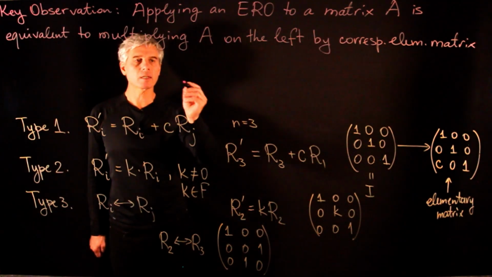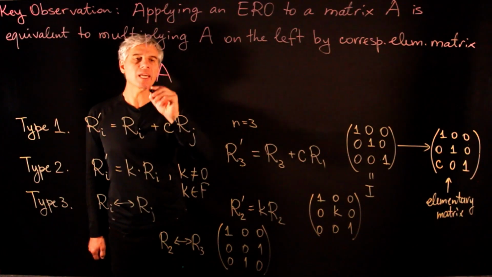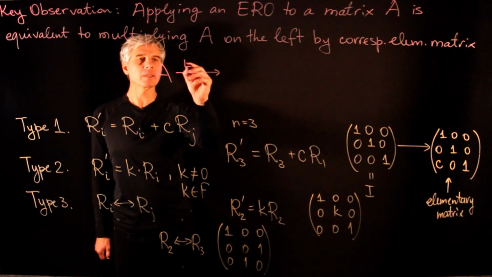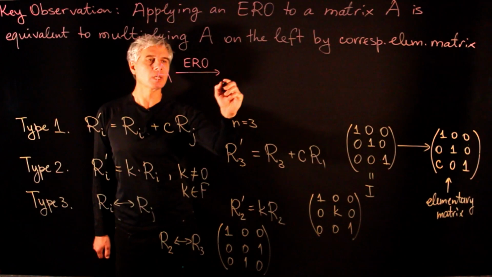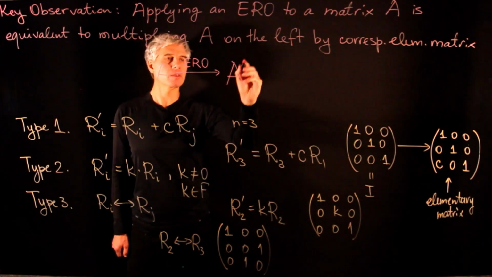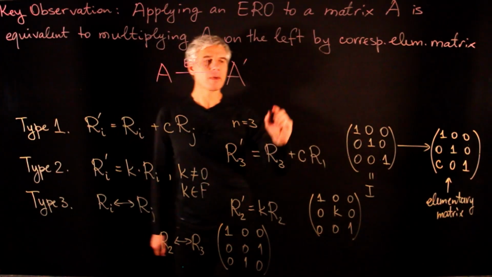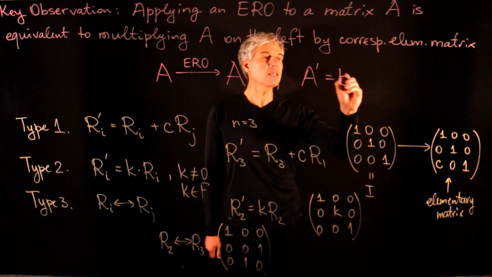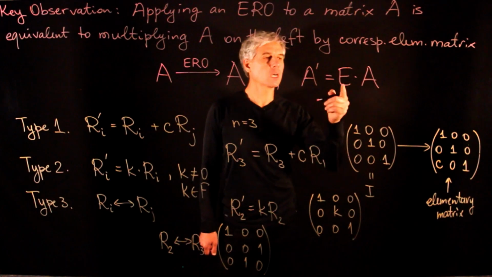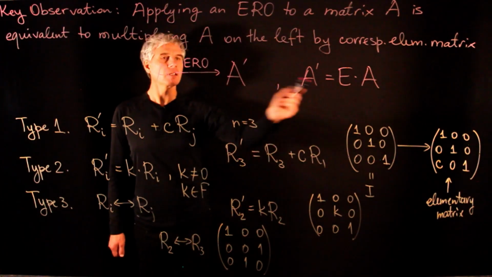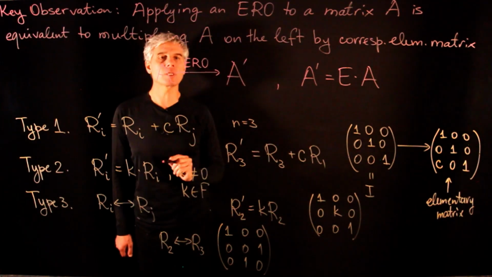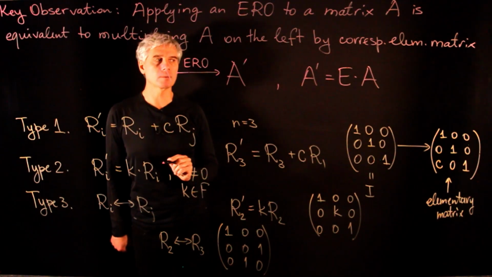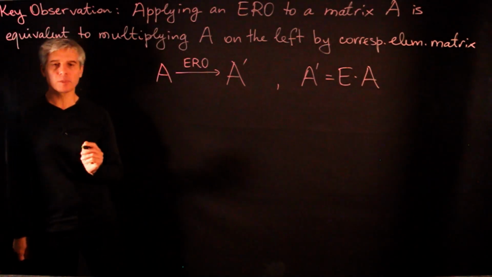So what we say here is the following. If we take a matrix A and apply an elementary row operation to it, and so we get the matrix A prime, then this matrix A prime can be expressed as a product E times A, where E is the elementary matrix corresponding to this particular elementary row operation. Let us verify this observation.